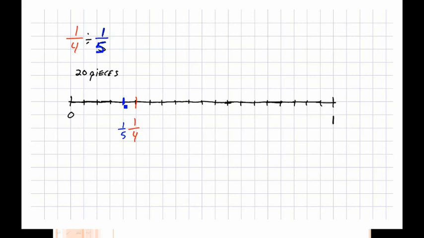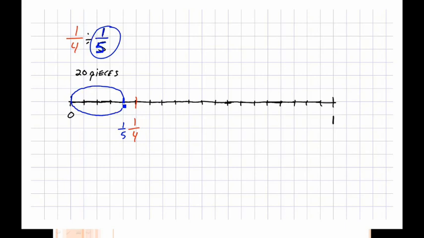Now, remember, I make my oval the size of my divisor. So here's an oval. That oval is 4 units long. Now I need another oval that's 4 units long, the same size. I'm sorry, 5 units long.